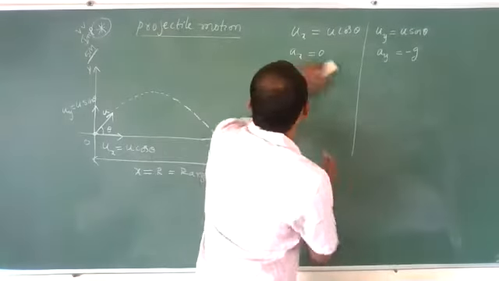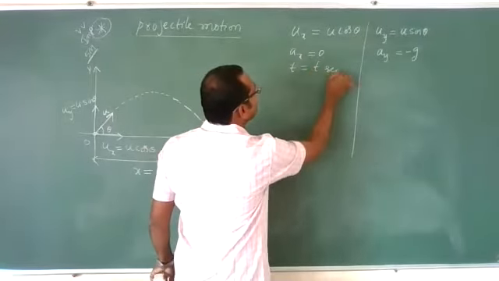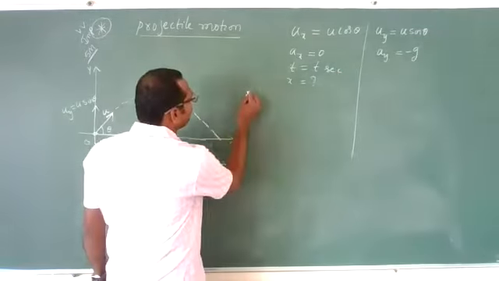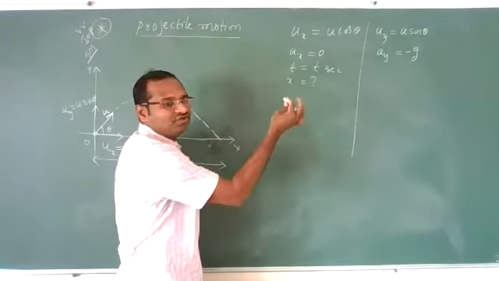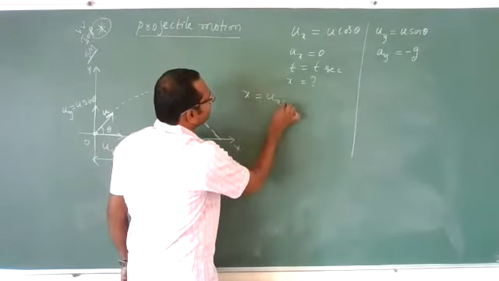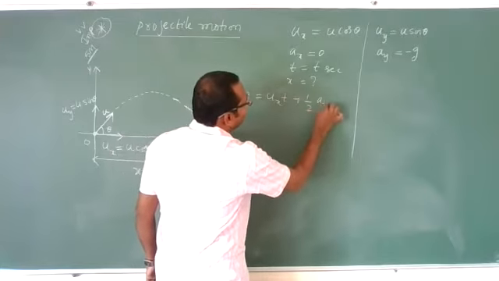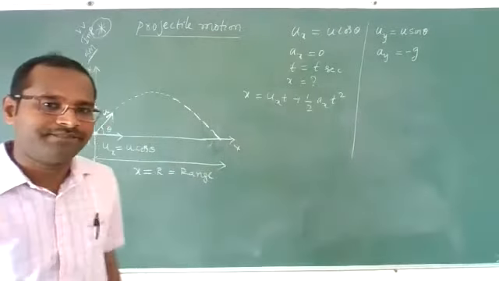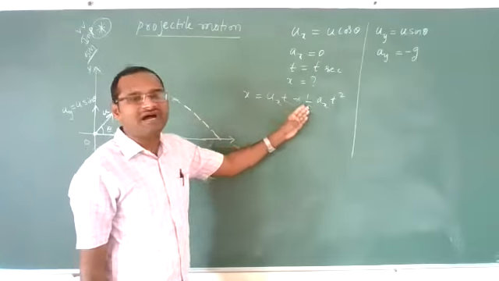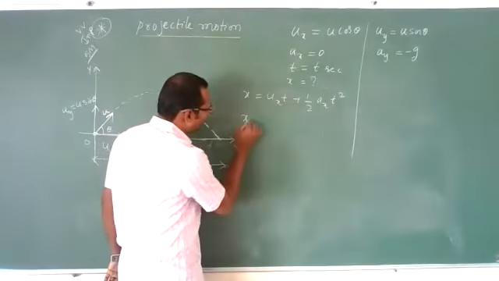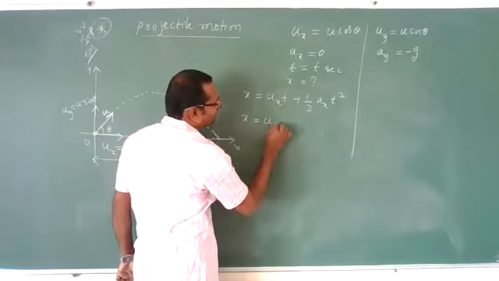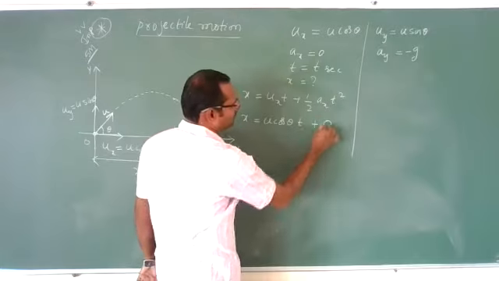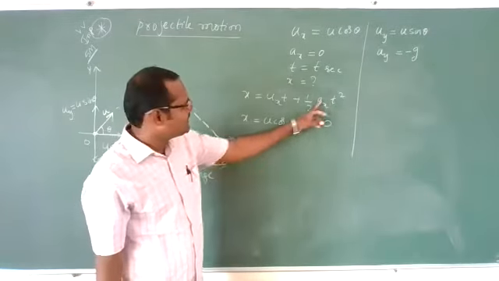We write the equation of motion along the x-axis: x is equal to uxt plus half axt square. Now x is equal to u cos theta into t plus 0, because ax is 0.